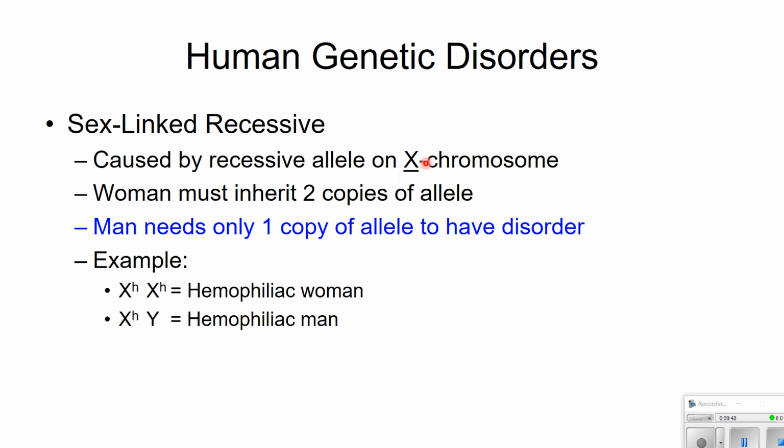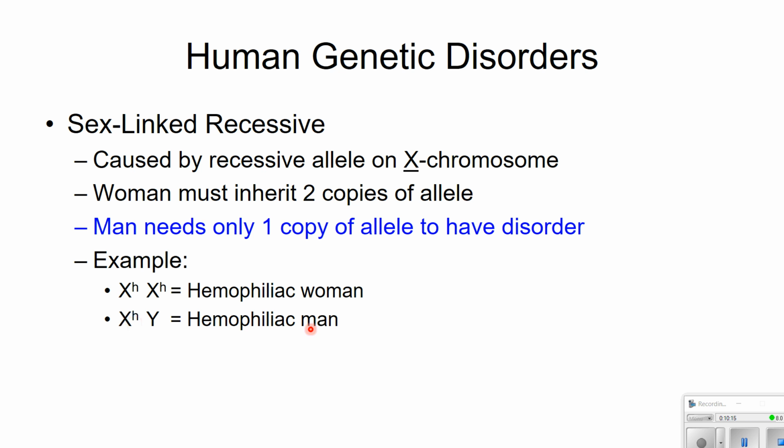And because women have 2 copies of that chromosome, a woman must inherit 2 copies of the recessive allele. I'm using hemophilia as an example here, a woman would have to be X little h X little h in order to have hemophilia. But a male, a boy, only has to have one copy of little h to have hemophilia. Remember?